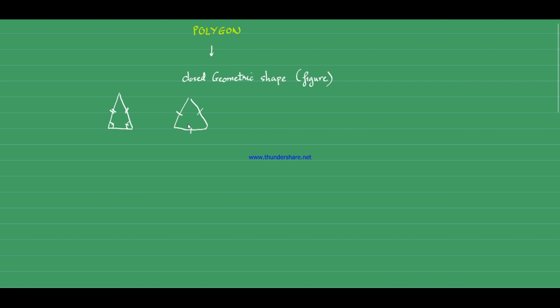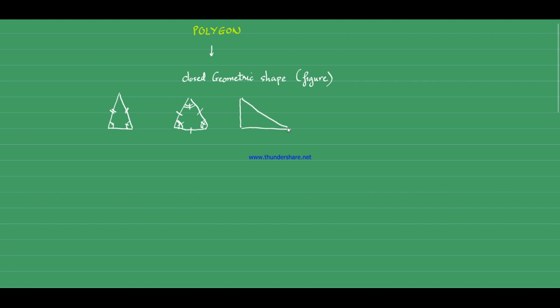Three sides congruent to each other, and three angles congruent to each other. Or we have a very familiar triangle we already learned, the right triangle.